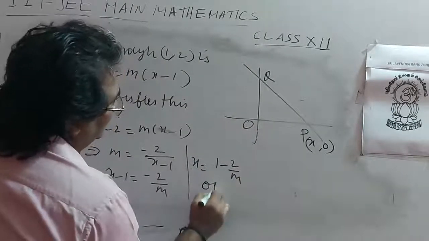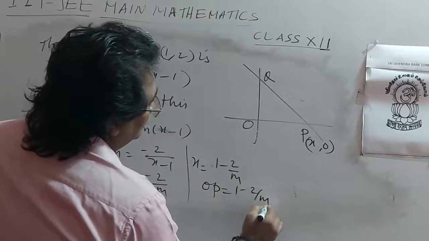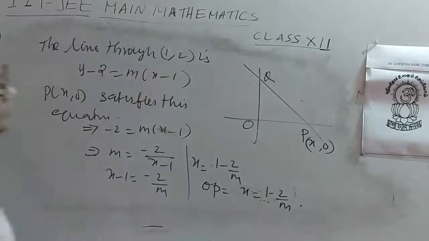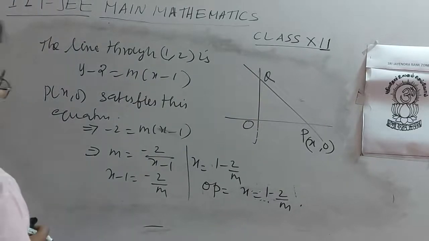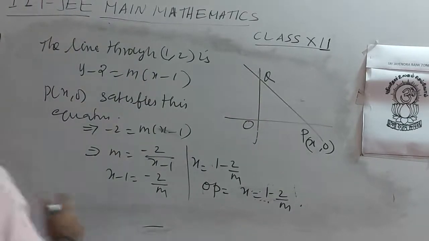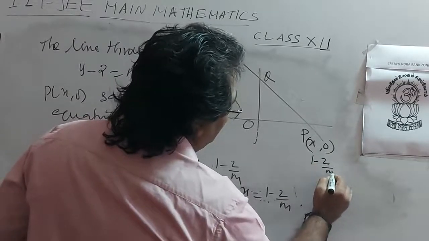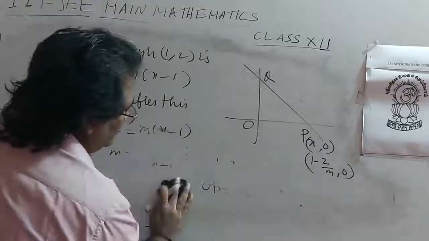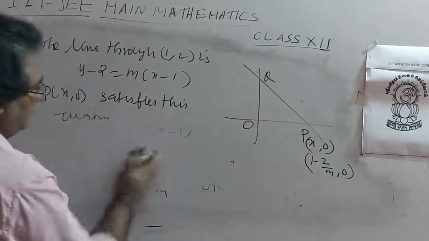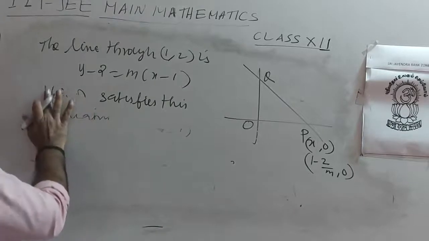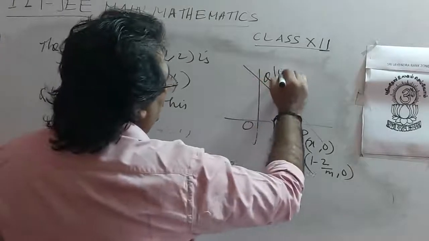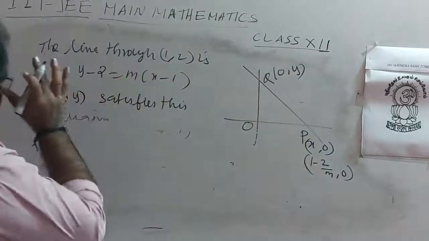So OP, that is x, equal to 1 minus 2 by m. So this is (1 minus 2 by m, 0). Q, this point (0, y), satisfies this equation.